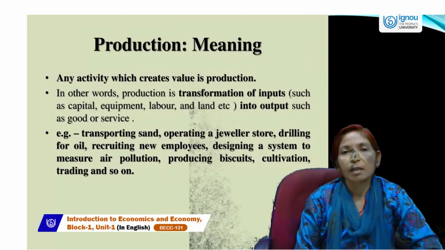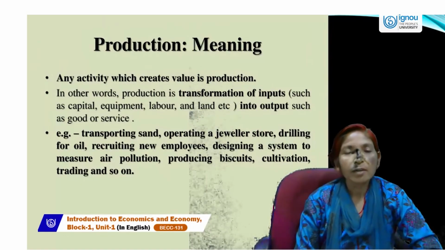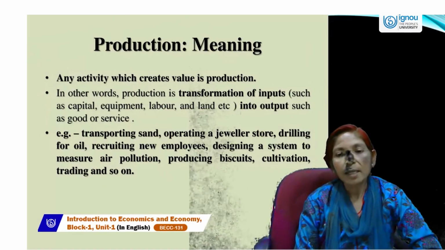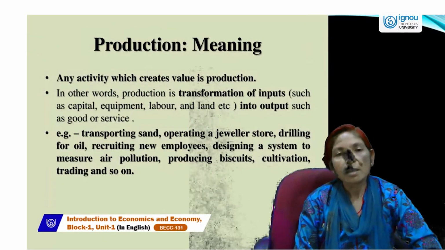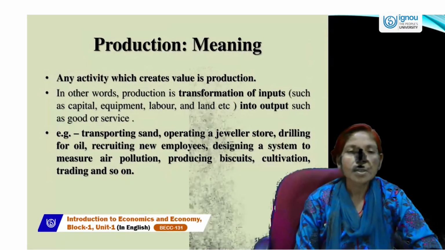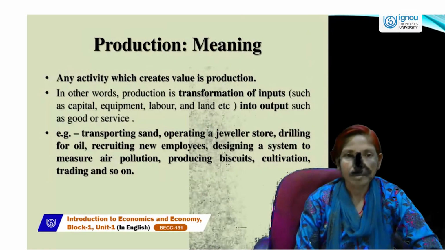For example, transporting sand, operating a jeweler store, drilling for oil, recruiting new employees, designing a system to measure air pollution, producing biscuits, cultivation, trading, and so on. All these things are called production.